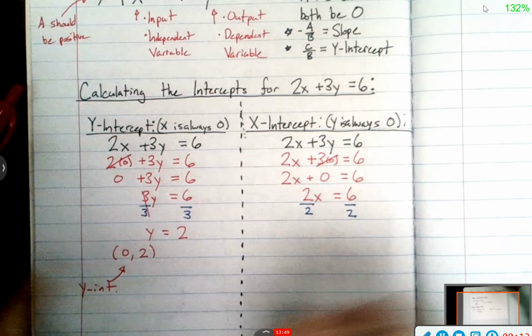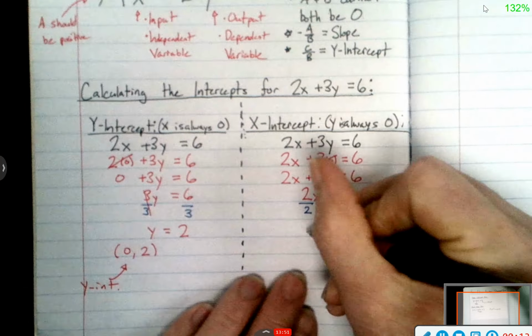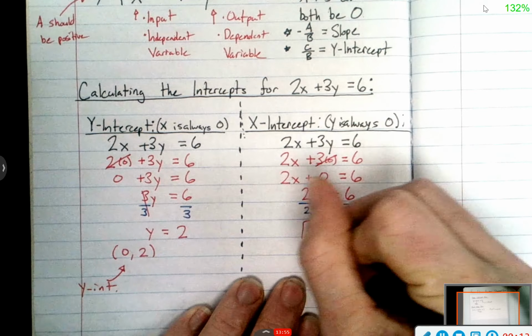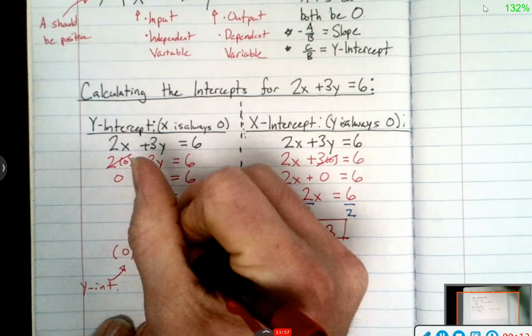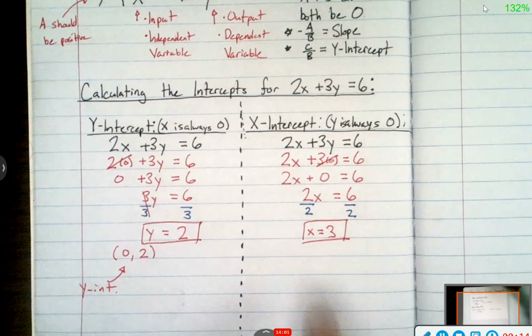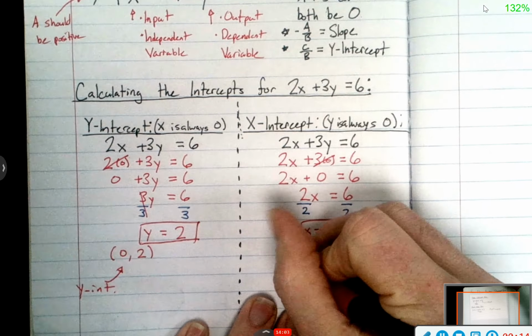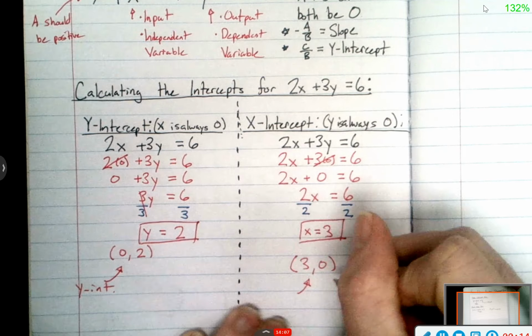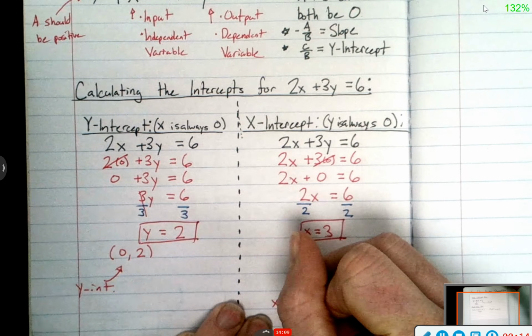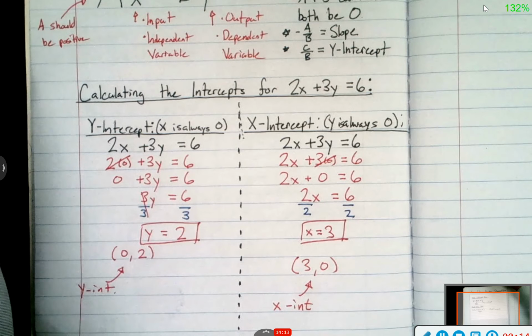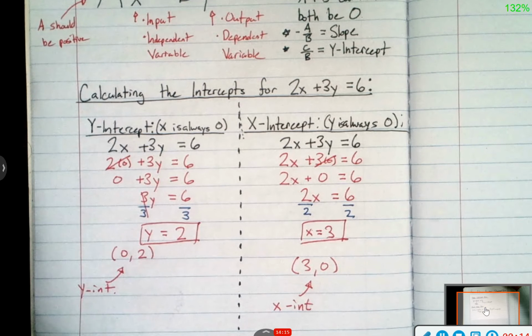Divide by 2 on both sides, and I get x equals 3. And again, this time, instead of my y-intercept, it's my x-intercept. So my ordered pair is going to be (3, 0), which, if you were paying close attention to Desmos, was the exact same x-intercept that it gave me on the graph.